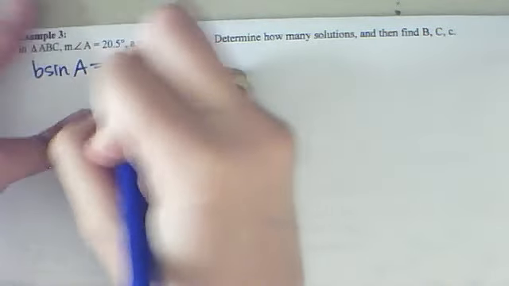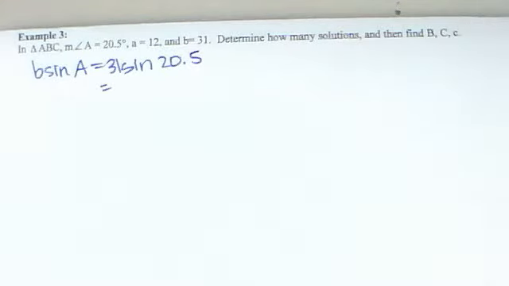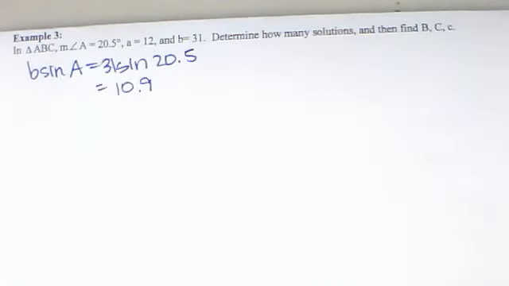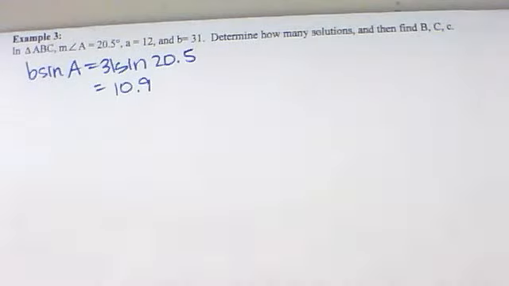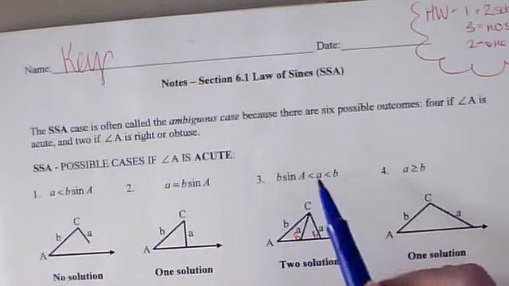So 31 sine of 20.5, which is equal to 10.9. Now, 10.9 is smaller than both B and A, which is this option right here. The answer we just got is smaller than both B and A. So there are two solutions, okay?